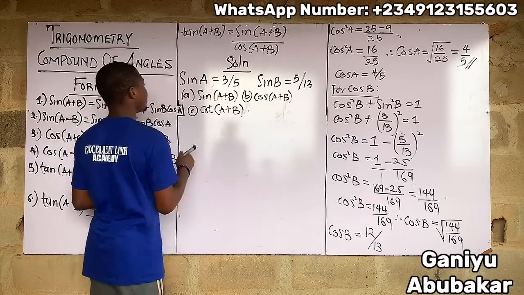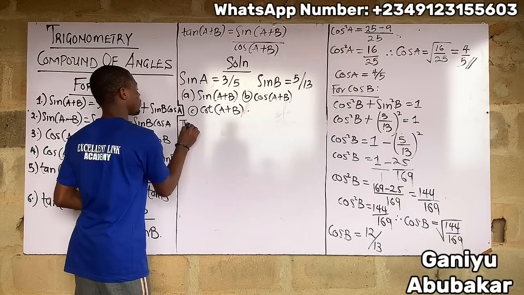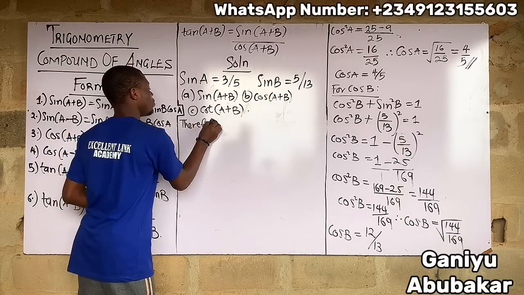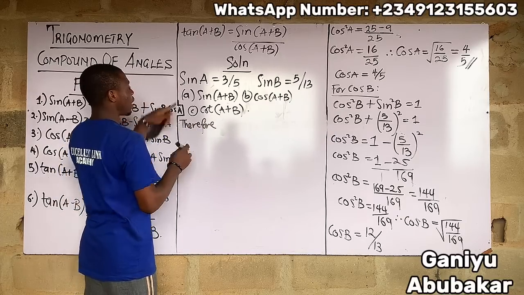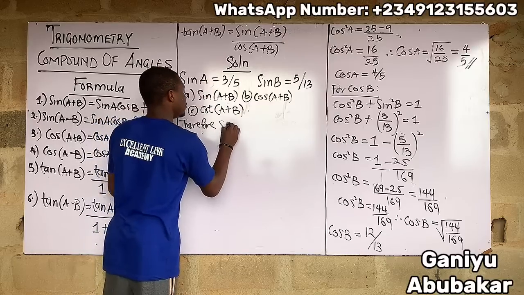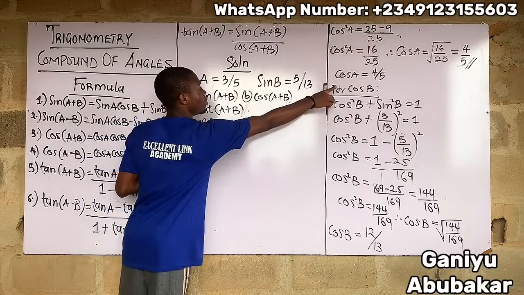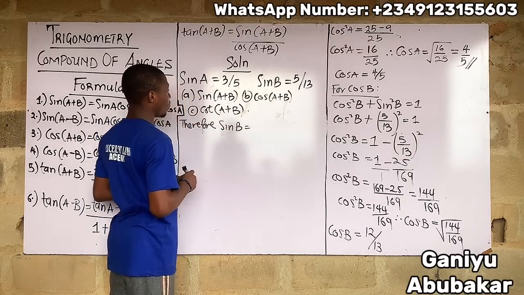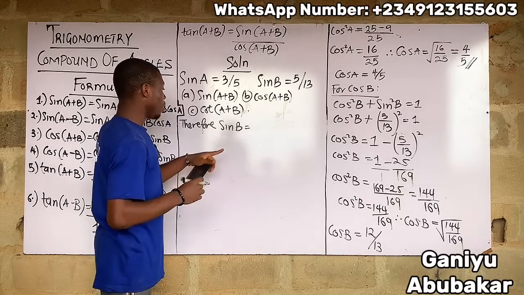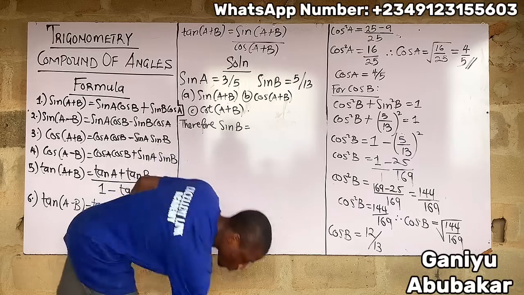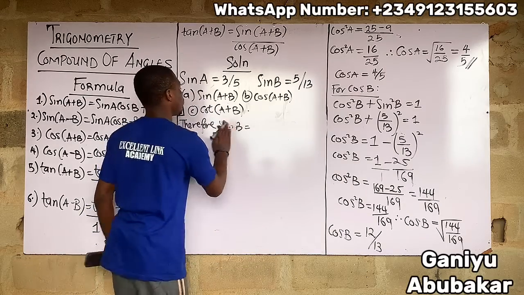So it means that, what's our sine A? Sine A is this. What's sine B? Sine B is this. What do I search for?